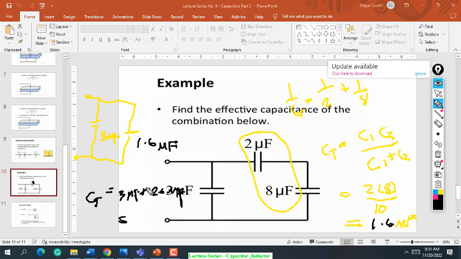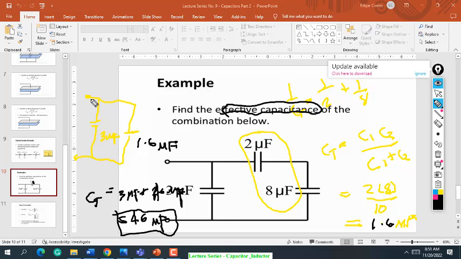So 3 plus 1.6 is 4.6 microfarad. This is the answer to this question: find the effective capacitance, the total capacitance of the combination below.